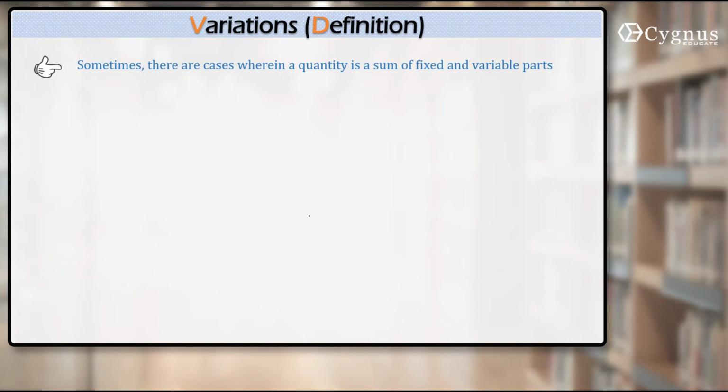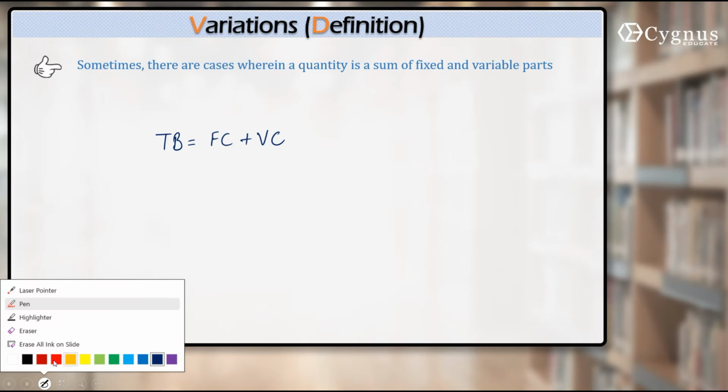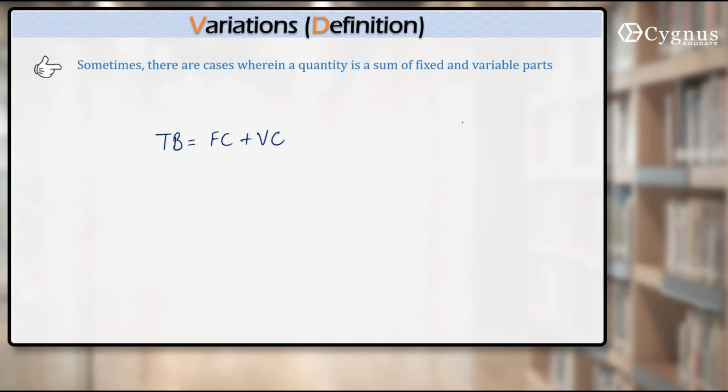Now, sometimes you'll see a case when the total quantity will depend on the sum of fixed and variable parts. Let's say electricity bill. The total bill will depend on the fixed charges and the variable charges. Now, what are the variable charges here? We know that the variable charges will be directly proportional to the number of units consumed.